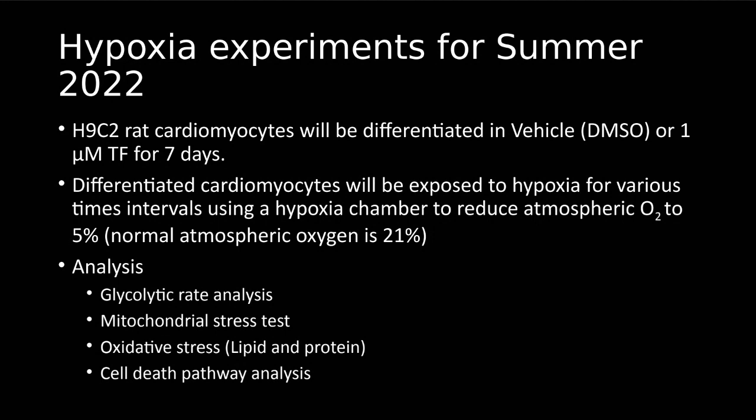Following hypoxia, increases in oxygen consumption, especially with increased mitochondrial density, could cause a major increase in lipid and protein oxidation, which could contribute potentially to cell death. Finally, we'll be analyzing cell death pathways, particularly caspase-dependent pathways that many of you have learned about in your cell biology classes, to determine if cardiomyocytes increase the rate of cell death following hypoxic stress.